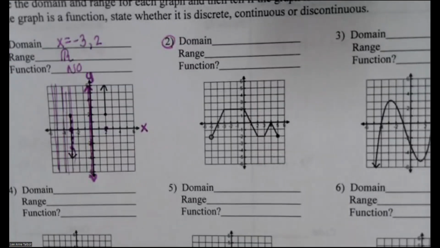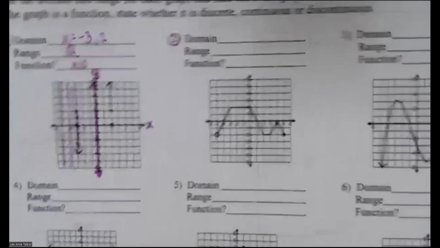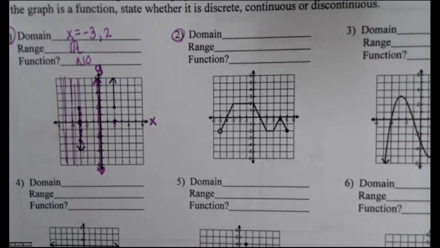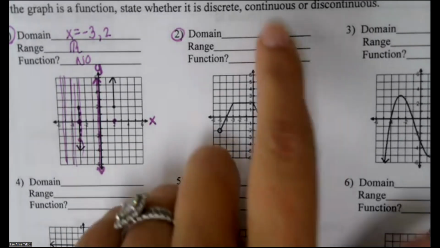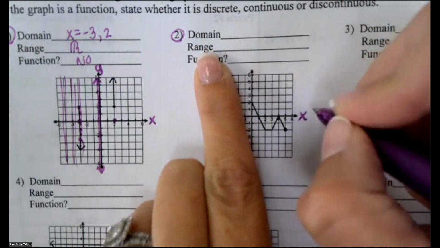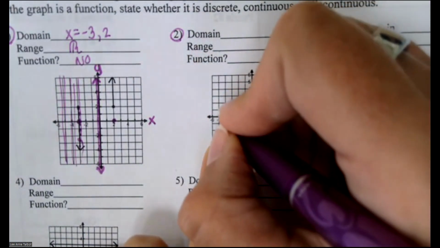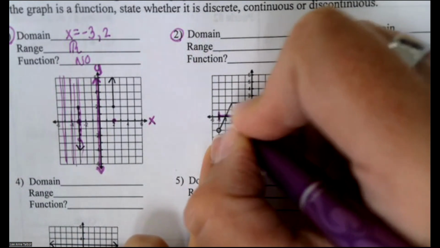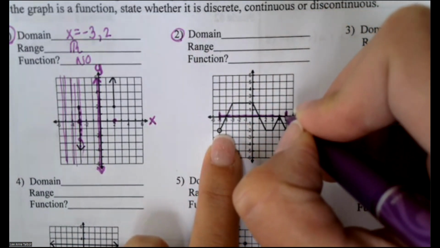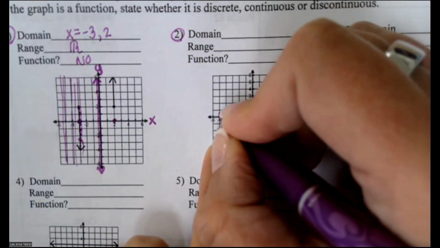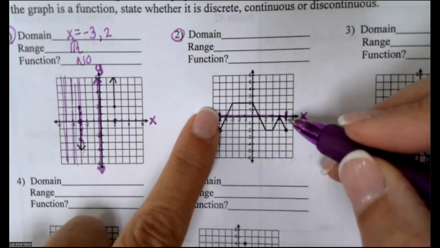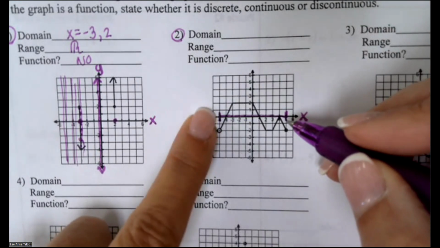Okay. Number 2. Remember, if this is really, really hard, it's okay. Domain X. I'm going to mark up the x-axis. This graph goes from here to here. It's kind of like a closed set of values between here and here.